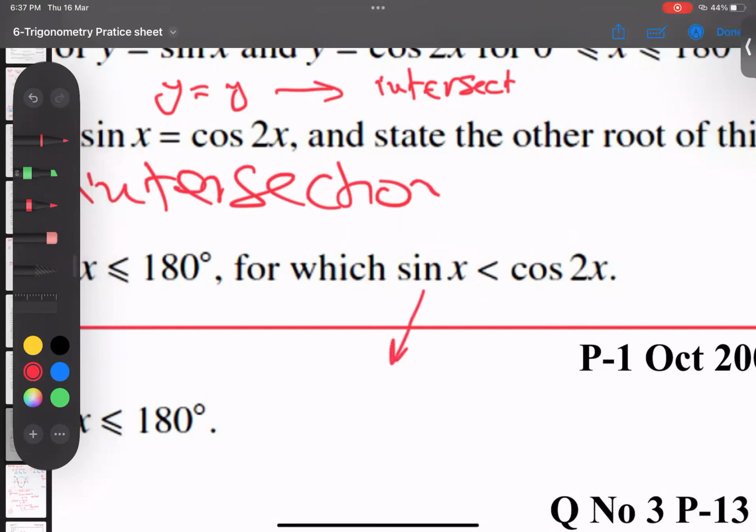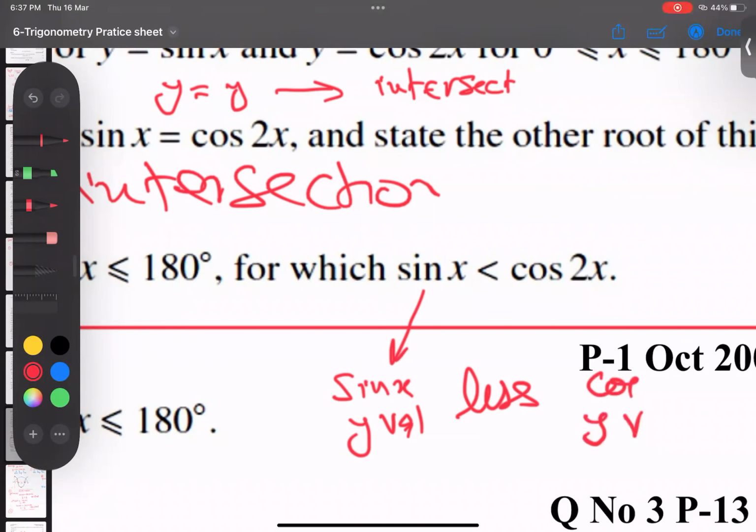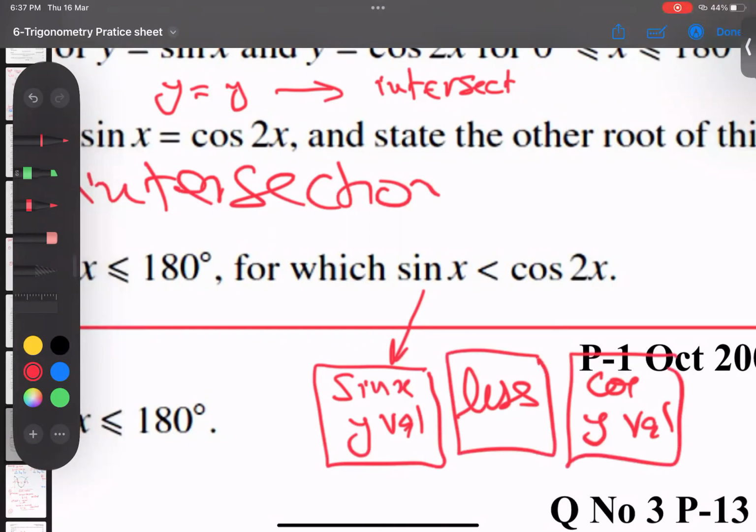I can say here sine y value is less than. So I hope you got the idea. Sine y value is less than cos y value. I believe you got the point.